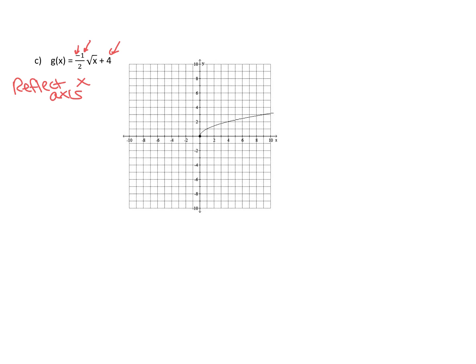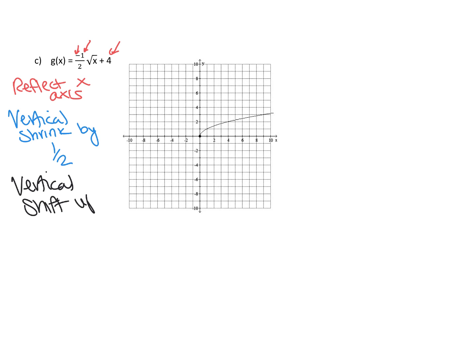And then we know the 1/2 is a vertical shrink by 1/2. And we know that the 4 is a vertical shift up 4. So kind of a lot of things going on here.